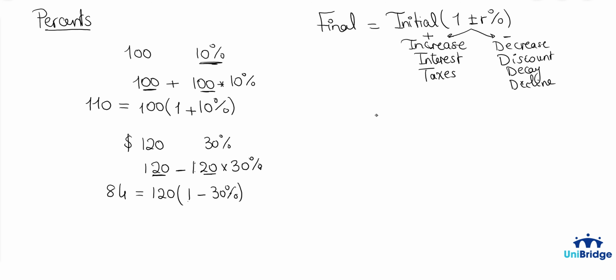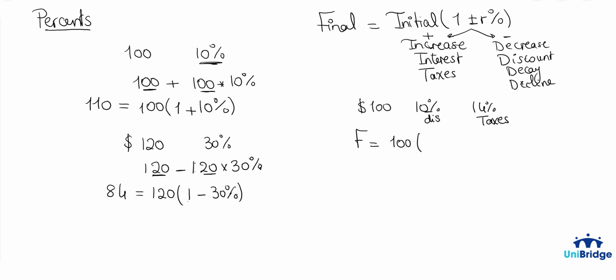If you went to a store and it's selling something for $100, the store is going to give you a 10% discount, and you have to pay 14% taxes. So what is going to be your final amount? The initial is 100, right?